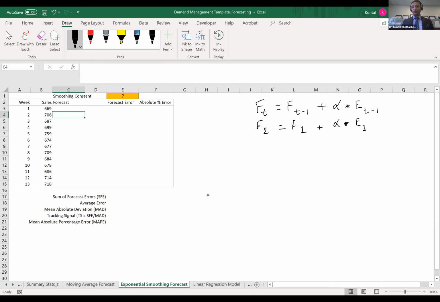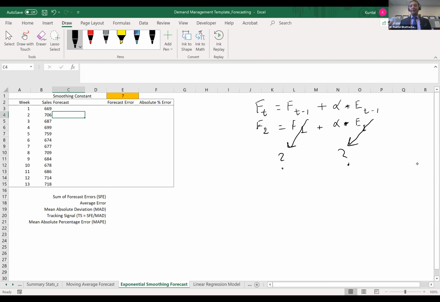I don't have a forecast value from week 1. So in essence, I don't know what that value is, and therefore I have no clue what that error term is for the previous period. So I'm stuck. I can't use the exponential model. How do I provide a start?